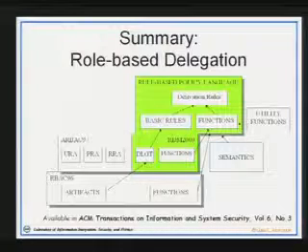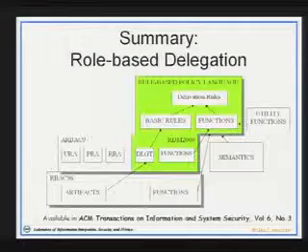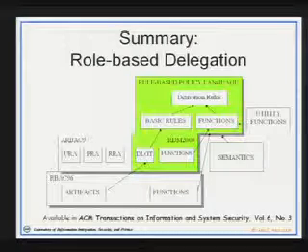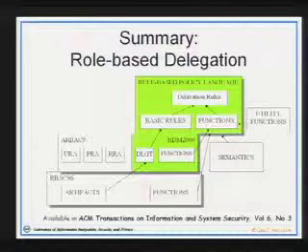We are trying to develop the delegation notion inside existing role-based access control. That is the difference. And these are the components that we developed to support role-based delegation. The framework can be found in the ACM Transactions on Information and System Security papers.